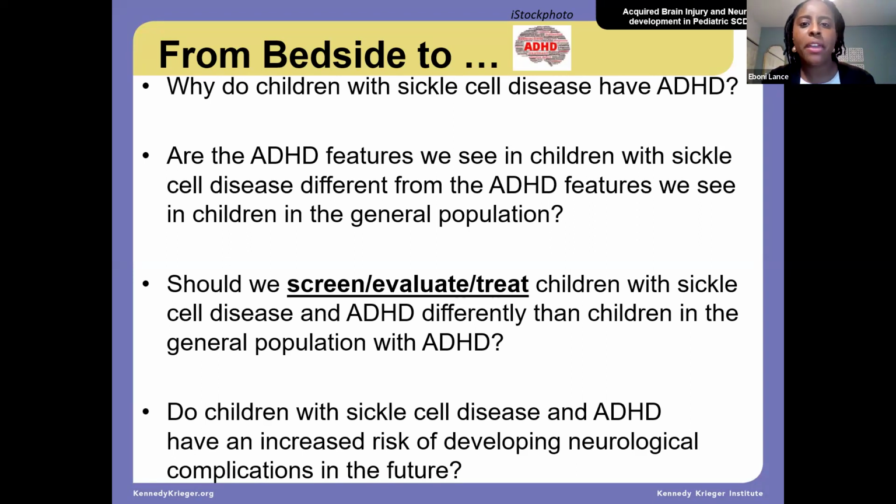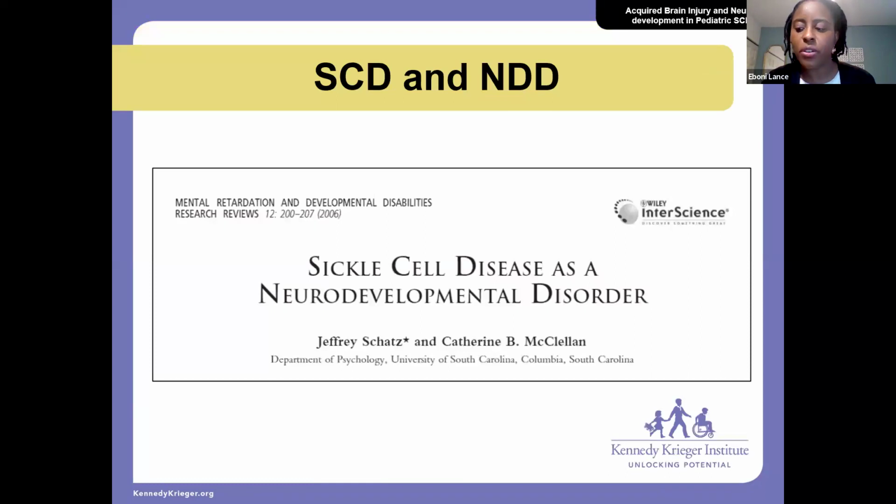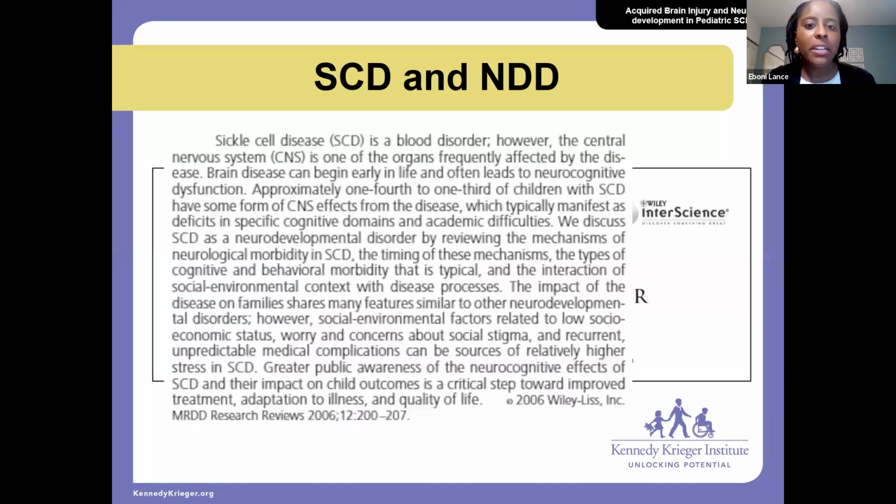So I hope that through what we've talked about so far, you have started to see sickle cell disease, as I do, as kind of a neurodevelopmental disorder. And that's because while it is a blood disorder, the central nervous system is very affected by sickle cell disease. Those effects can start early in life, can be associated with neurocognitive dysfunction.